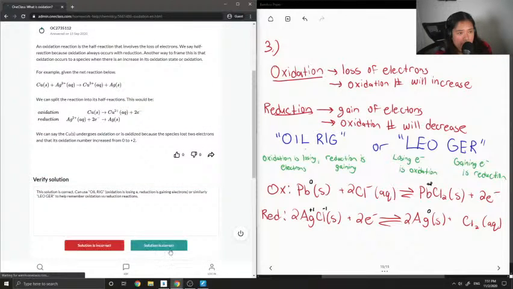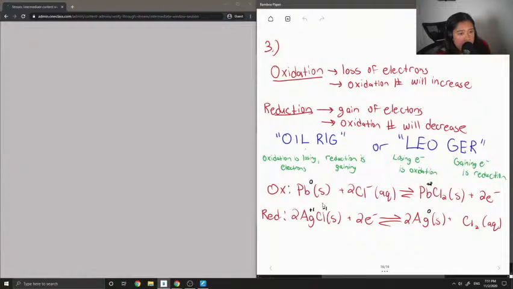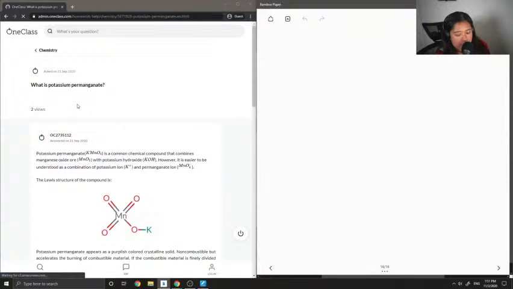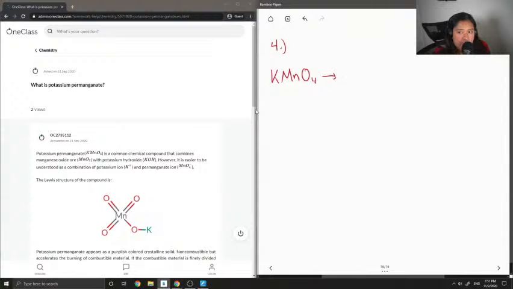Okay, so this solution was correct. And I'll move on to question number 4, which only asks, what is potassium permanganate? Just generally speaking, potassium permanganate is KMnO4. So let me break this up into its ions so you can see where the name comes from.